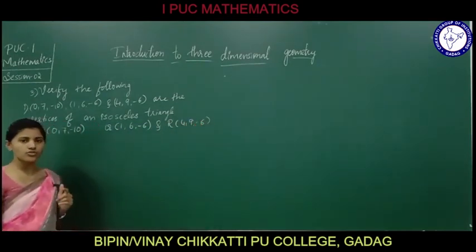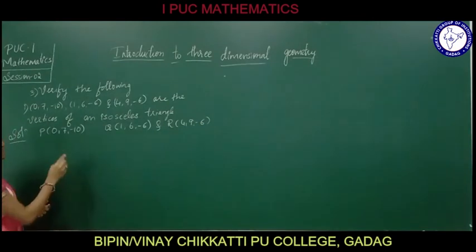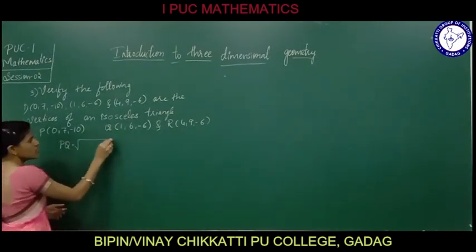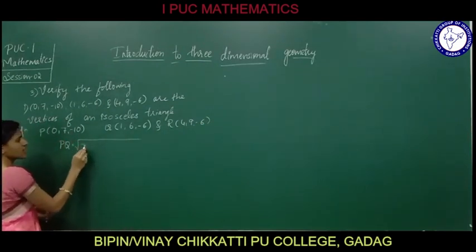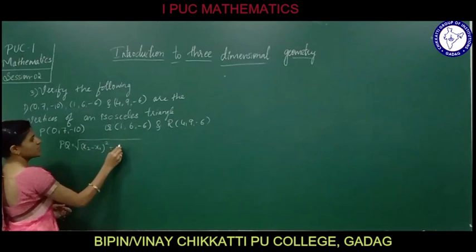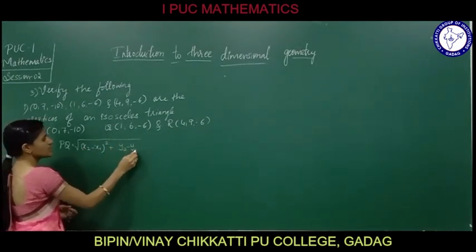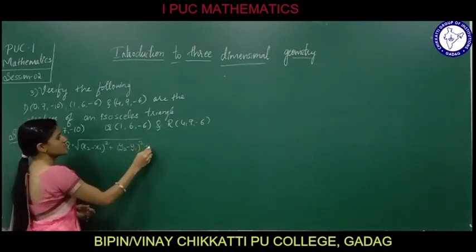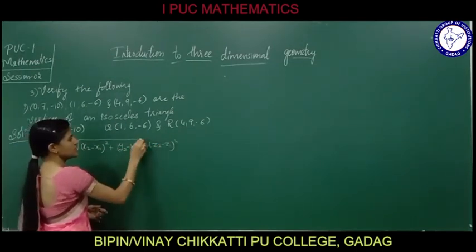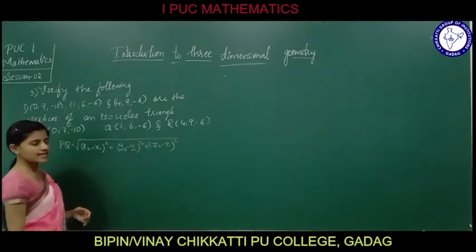See, we all know the formula to calculate the distance. What is it? PQ will be equal to root of (x2 minus x1) whole square plus (y2 minus y1) whole square plus (z2 minus z1) whole square. This is what we have to calculate the distance.